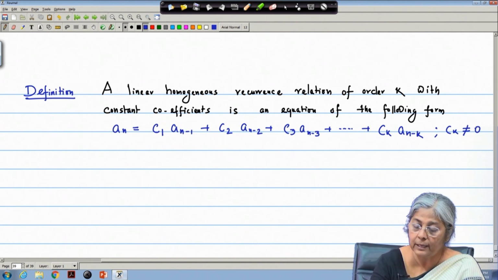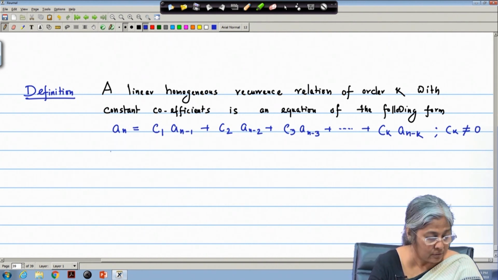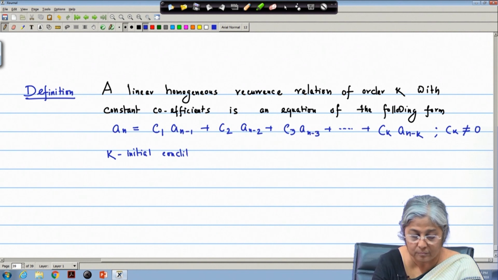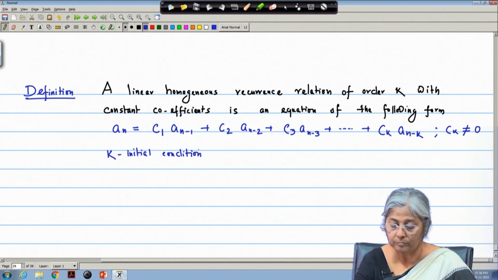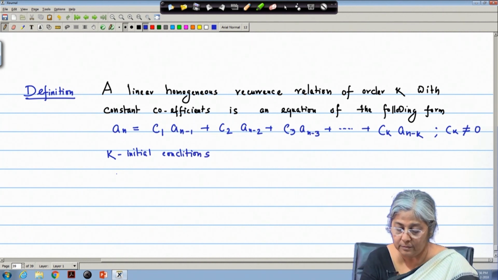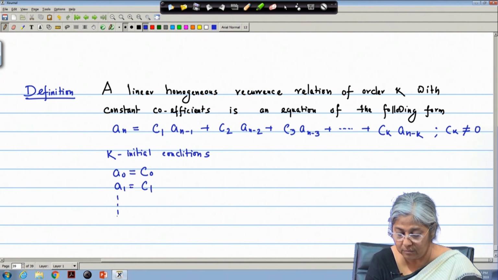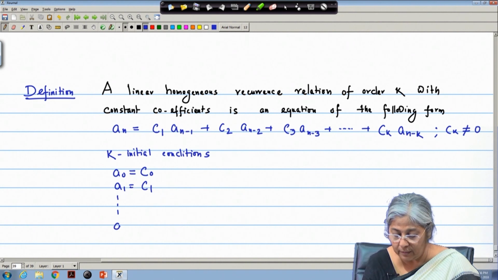And here we need the k initial conditions, as if a0 equal to C0, a1 equal to C1, then ak equal to Ck.